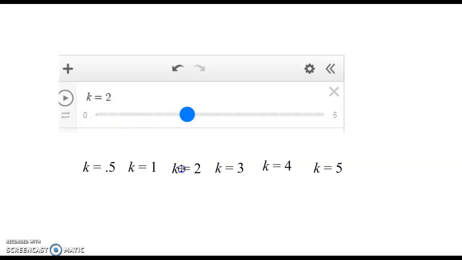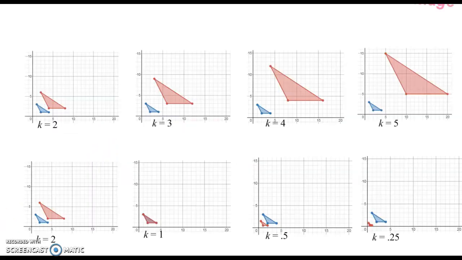We're not even going to talk about what that k means, but as I go further over, you're going to see the k jump to a 3, and if I slide all the way over, k is a 5. See how the numbers are getting bigger? And if I slide back the other direction, then I get to less than 1. Spend some time looking at what is happening to that shape as the slider gets pulled over.